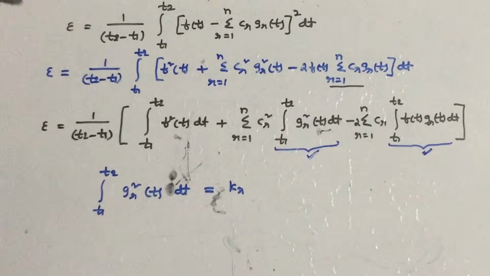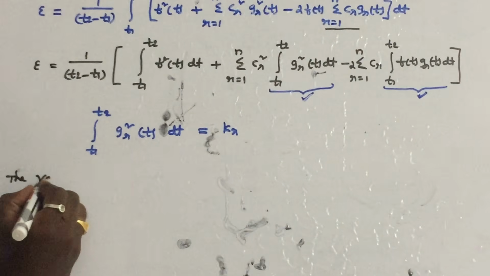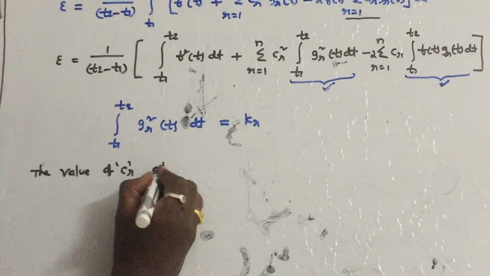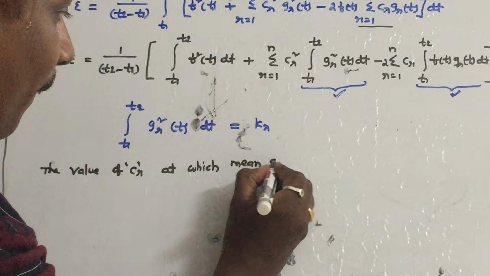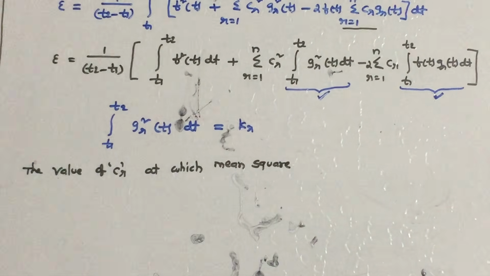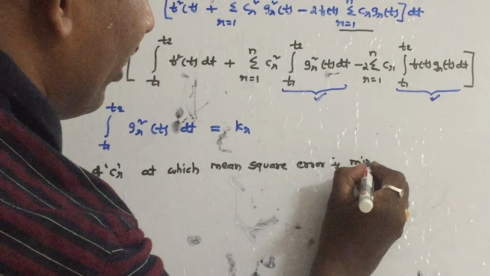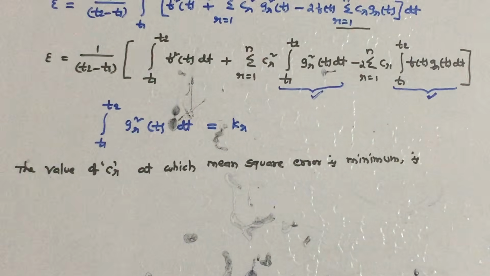Before that, the expression for the value of cr at which the mean square error is minimum, we have derived in the previous session. So let us come to this.